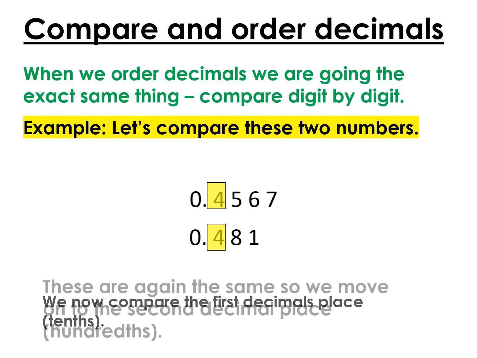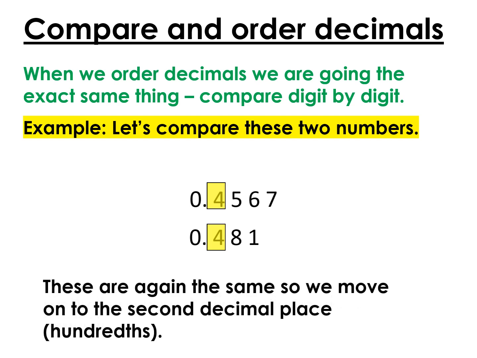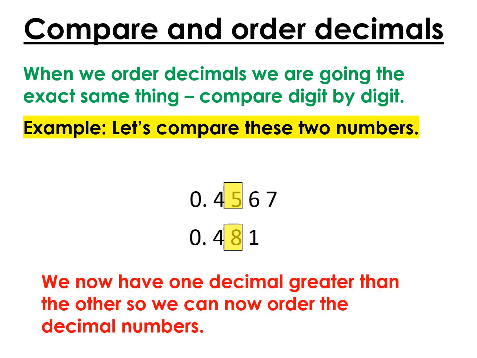So again they're the same, so we have to move on to the second decimal place, which is the hundredths. And now we can see that the first number has 5 hundredths and the second number has 8 hundredths. So we can see there that the 5 is smaller than 8.